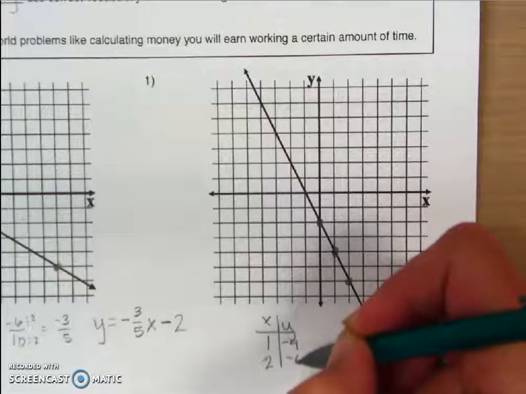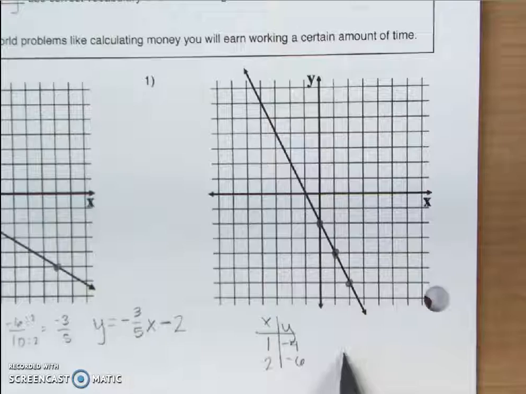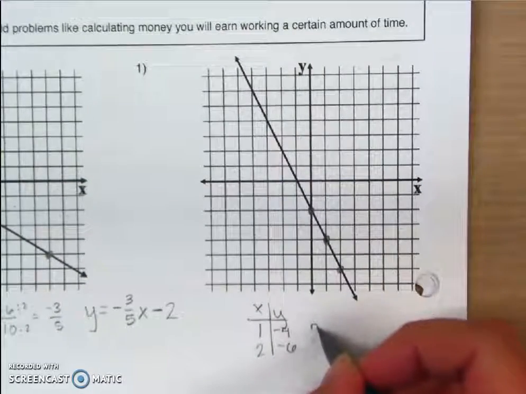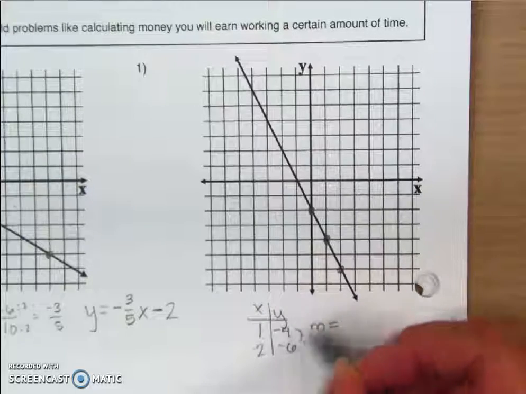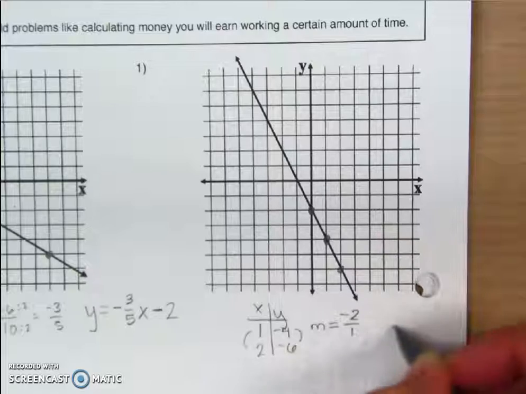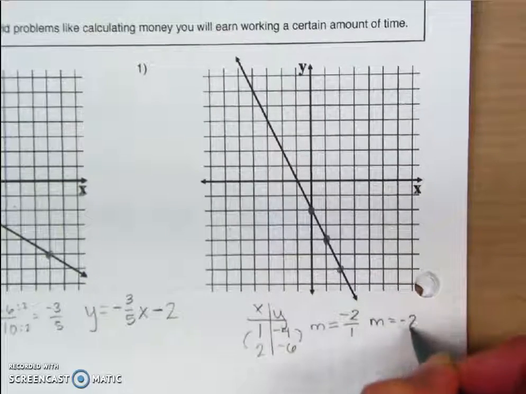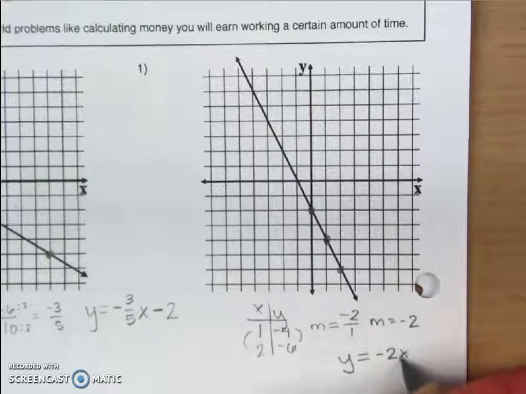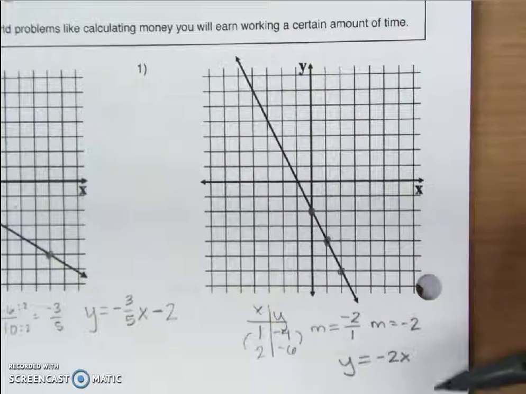All right, so pretend those are the only points I gave you, (1, -4) and (2, -6). We would find the slope first. So the slope looks like it's going down 2, and the change in x is 1, so my slope is -2. So I know my equation's going to start -2x, and then we need to find the initial value.